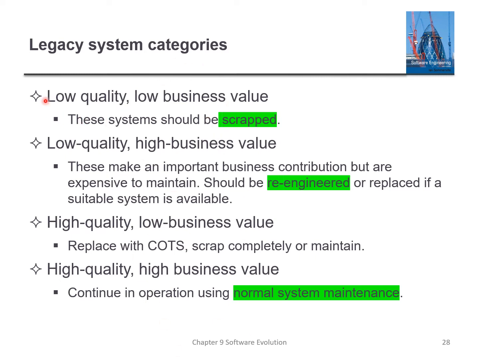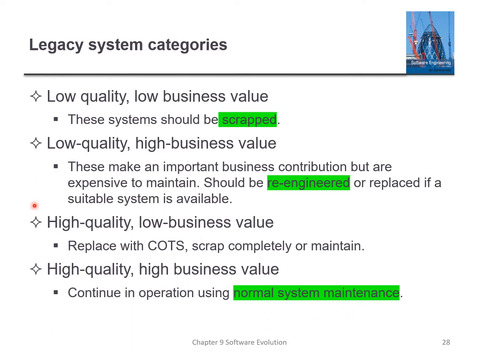For example, if from the analysis you decide that the legacy system has low quality and also low business value, it's better to scrap it, right? If it's high quality and high business value, maintain it.